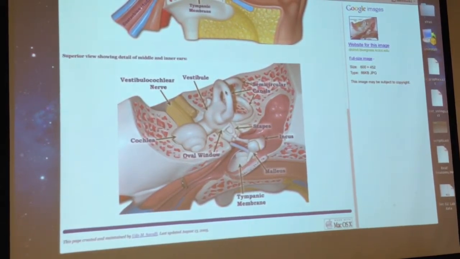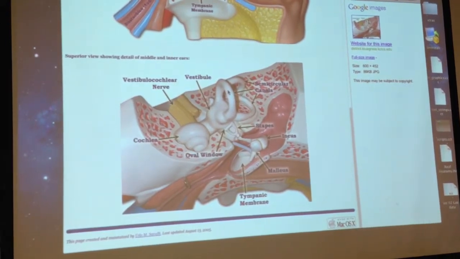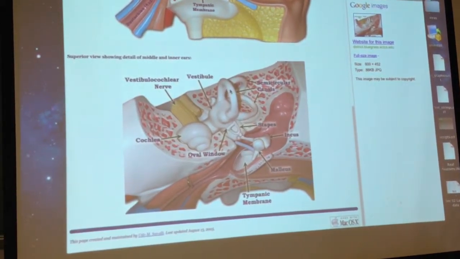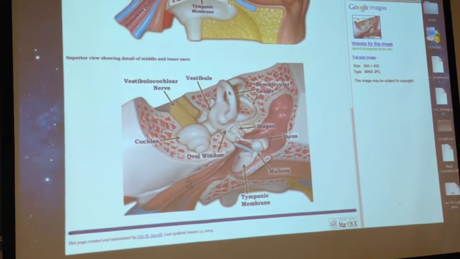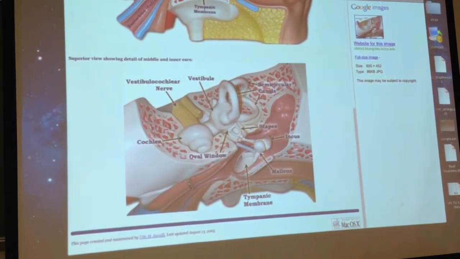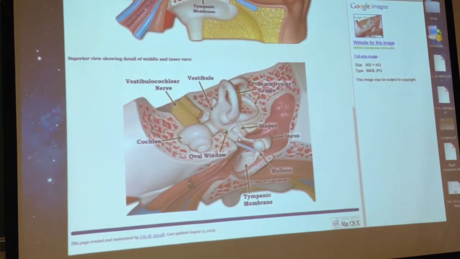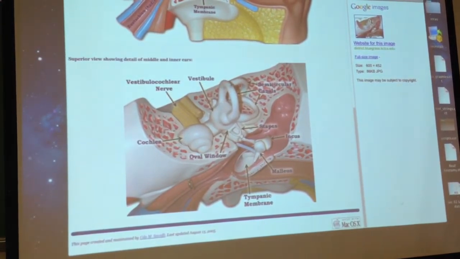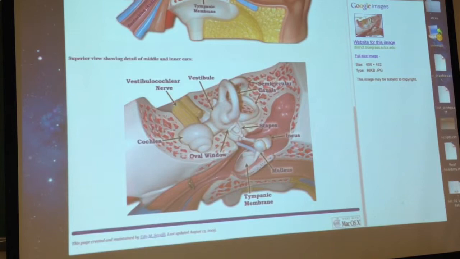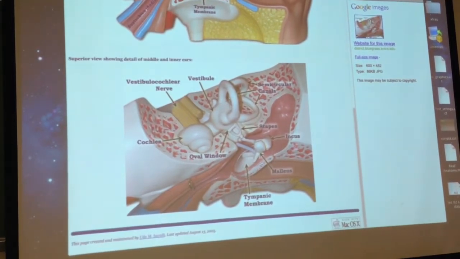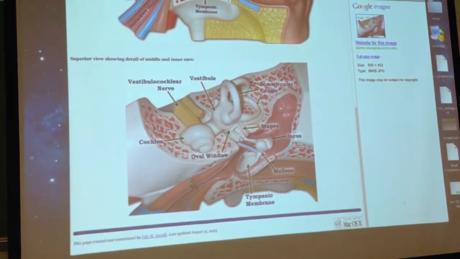Alright, so within the semicircular canals, since there are three of them, you of course need to know the difference between them. There's an anterior, posterior, and lateral, okay? So here's the way that I keep them straight. Anterior stands up straight like an A, so it kind of looks like an A. The posterior one in the back kind of looks like the top part of a P without the actual portion coming down. Just trying to show you on this model.